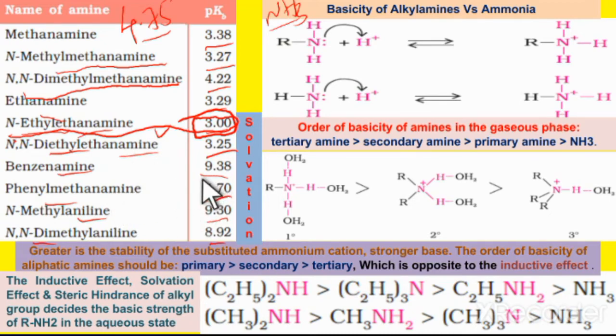In the case of arylamines the pKb is higher, 9.38. Compared with ammonia, the alkyl-substituted amines have lower pKb values than NH3, whereas arylamines have higher ones, meaning they are less basic than ammonia. Alkylamines show a positive inductive effect, and due to that their basicity is greater than that of ammonia. Ammonia has only hydrogens, so a positive inductive effect is not possible, but in alkylamines it is possible.